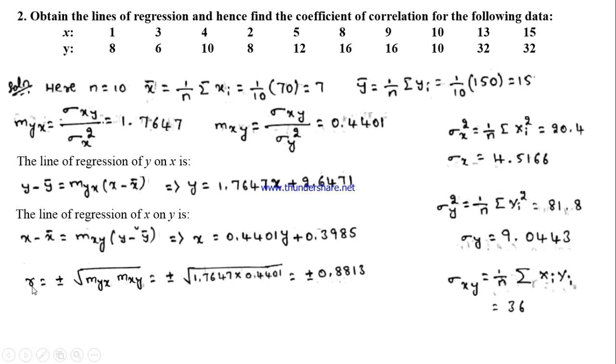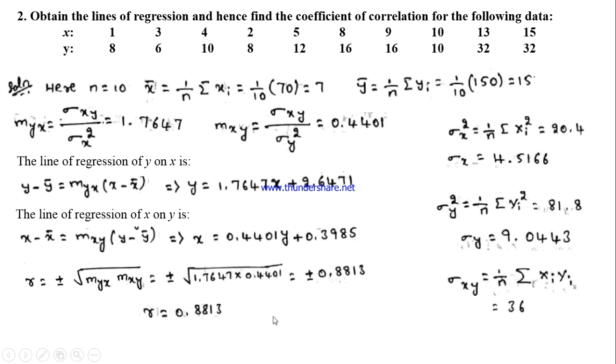And we know r takes the sign of myx and mxy. Since myx and mxy both are positive, we are expecting the value of r also positive, and this r is equal to 0.8813. Okay, in this problem, we first found the lines of regression, and hence we found the correlation coefficient by using regression coefficients.